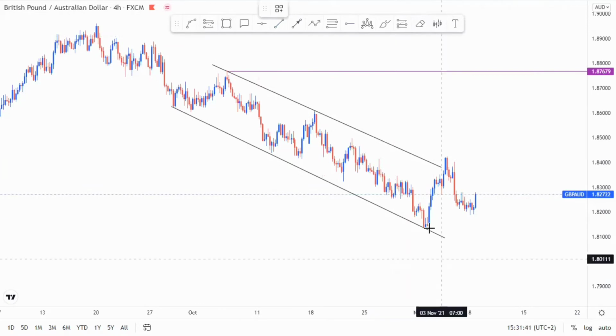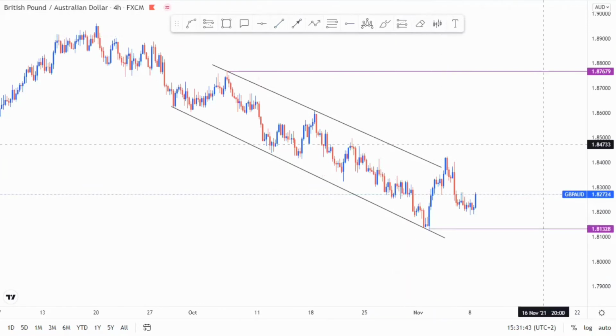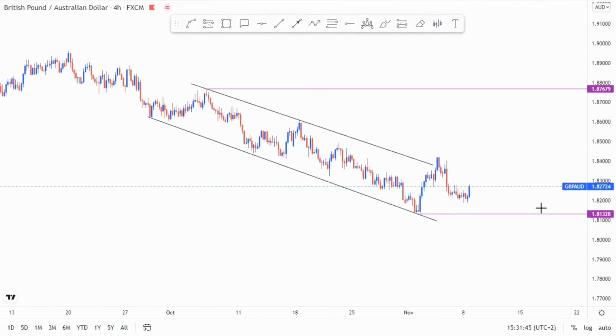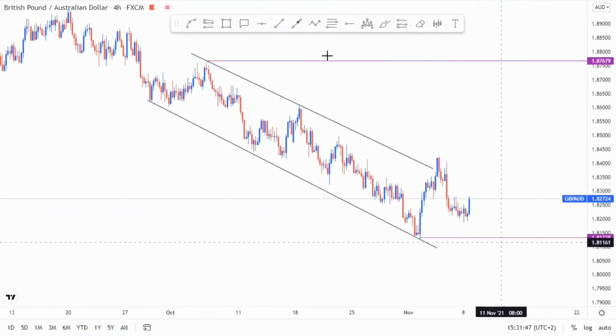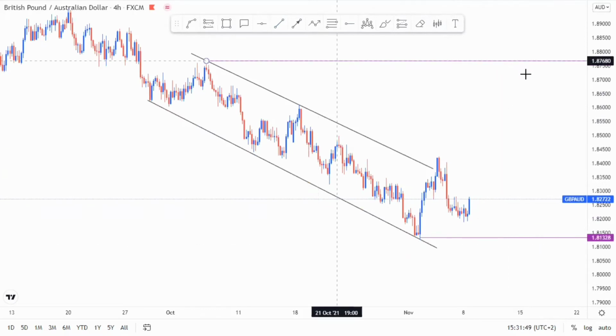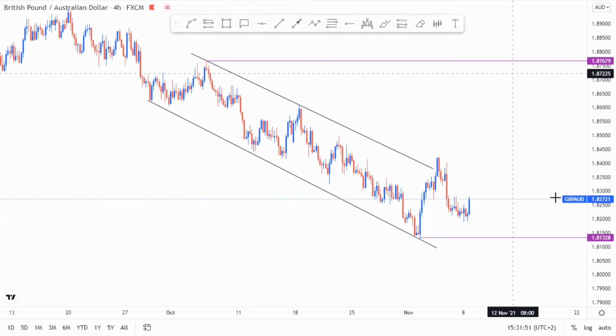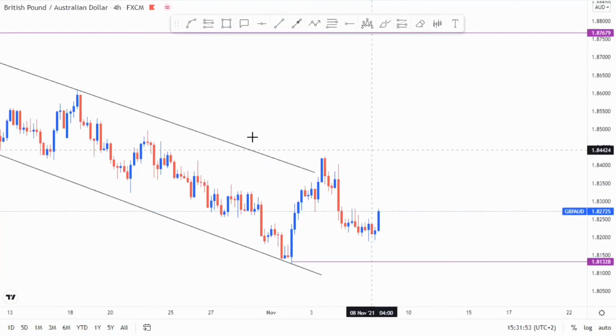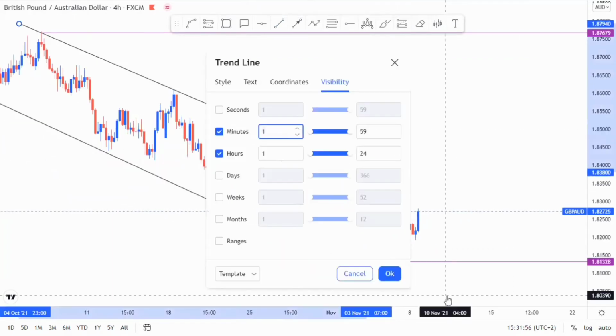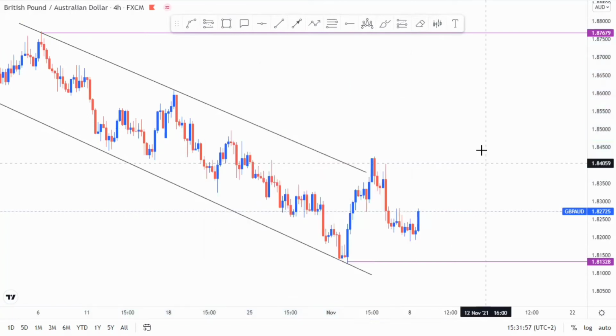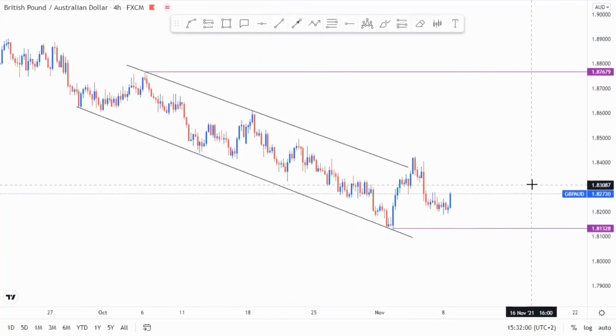And anything below this area is invalid. Anything below this is invalid buys. So hoping to reach this area. Now let me go to the 1 hour.